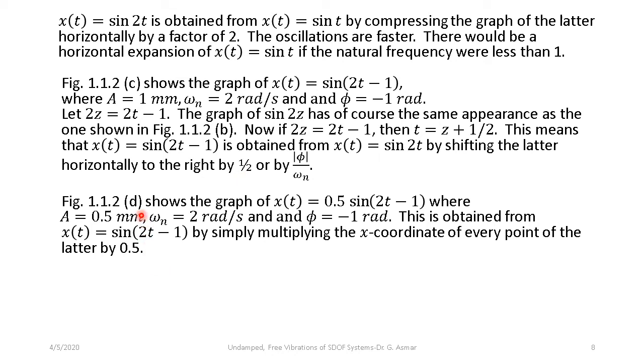Finally, part D of the figure shows the graph of x of t equals 0.5 sine 2t minus 1, where now the amplitude is 0.5 millimeter, omega n is still 2 radians per second, and phi is -1 radian. This is obtained from x of t equals sine 2t minus 1 by simply multiplying the x coordinate of every point of sine 2t minus 1 by 0.5.